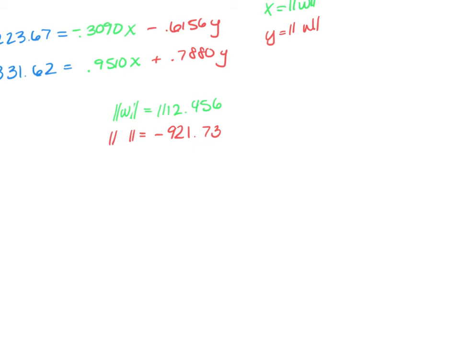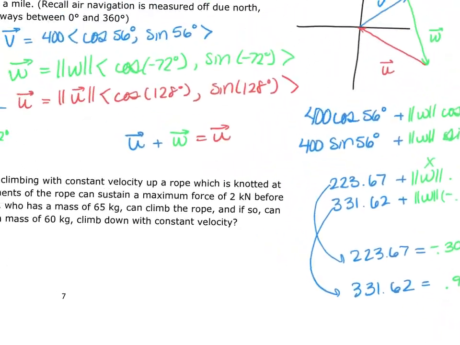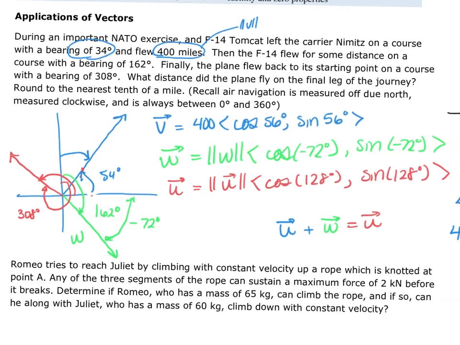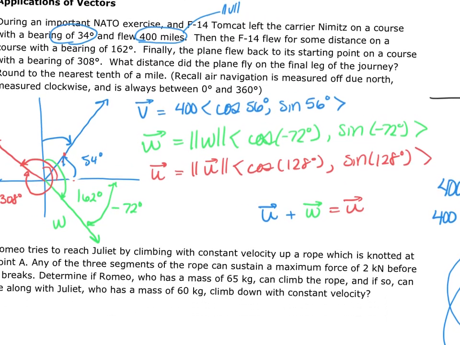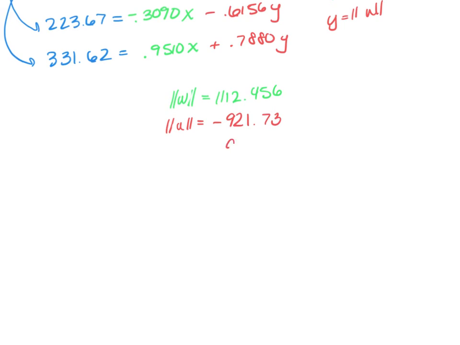It should be u. So my answer, because it wanted to know u, the distance of the final leg, is 921.73 miles.